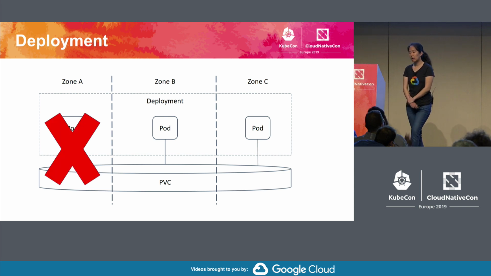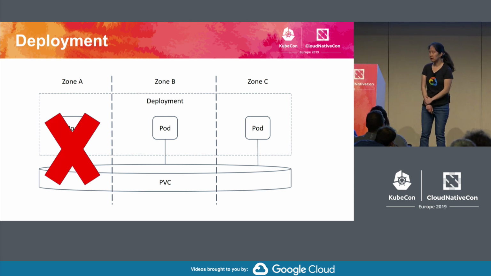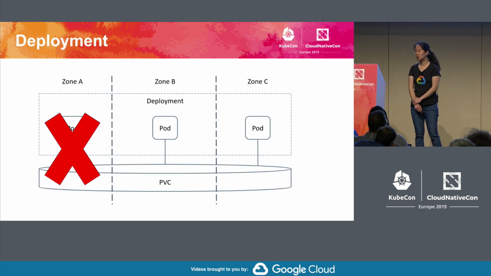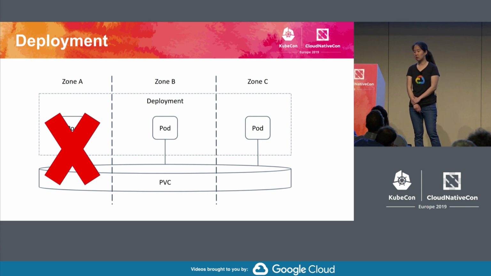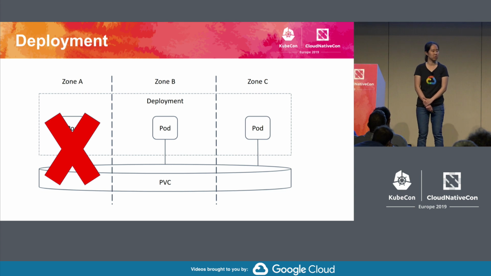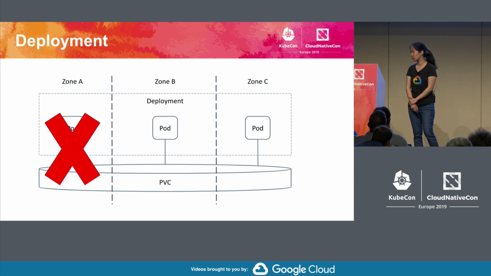And when one of the zones becomes unavailable, then this application is still able to continue serving its data because the storage layer is providing that high availability, and these other replica pods in these other zones are still able to access their storage.